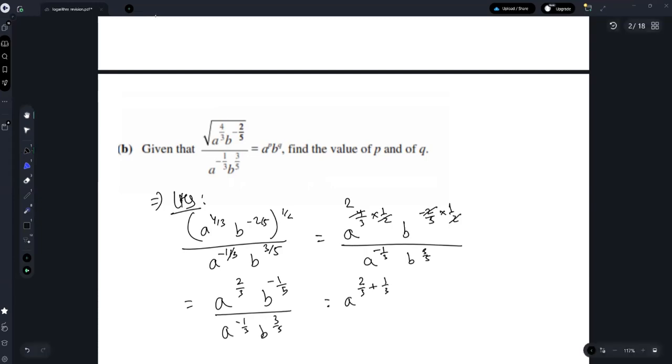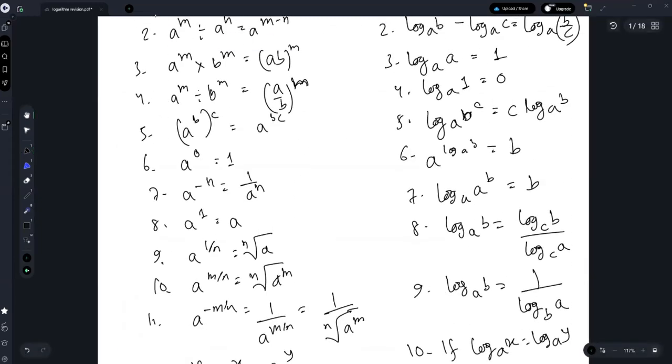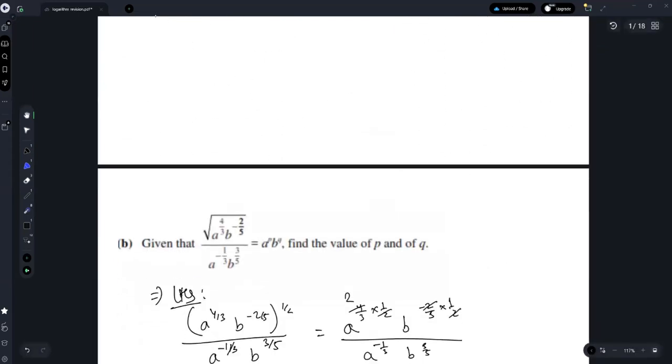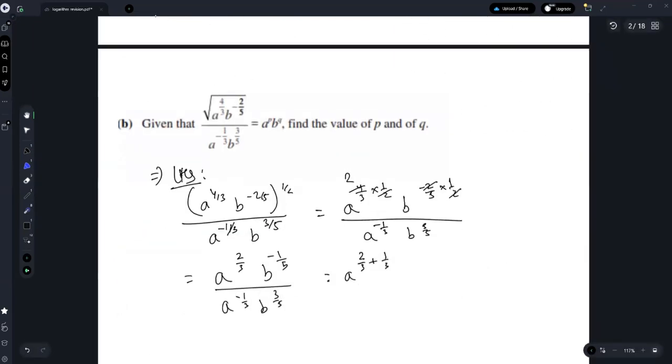Just from the power rule here, if this thing was positive here and we take it towards the top, the power becomes negative. In the same way, if it was negative here, it goes to the top and becomes positive. So that's what I'm going to do. b to the power minus 1 by 5 minus 3 by 5. So therefore we get a to the power 1, b to the power minus 4 by 5.